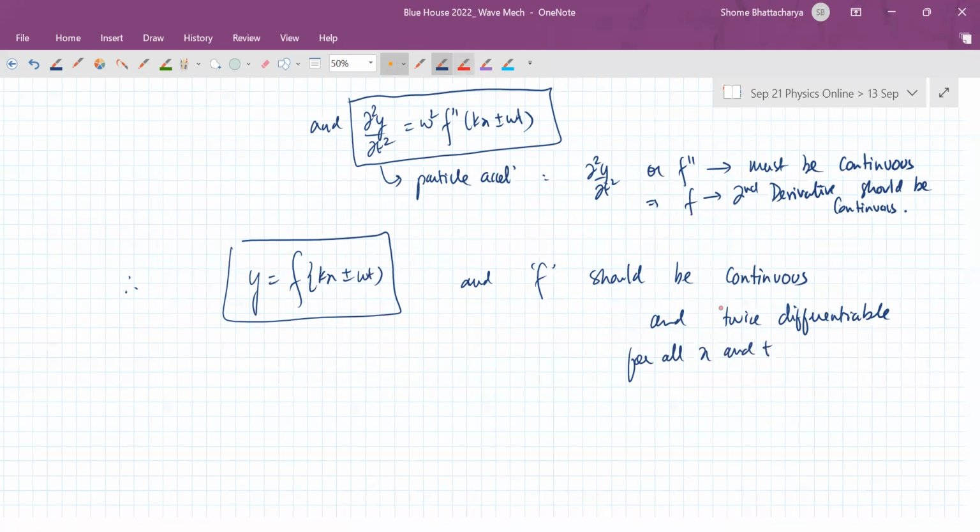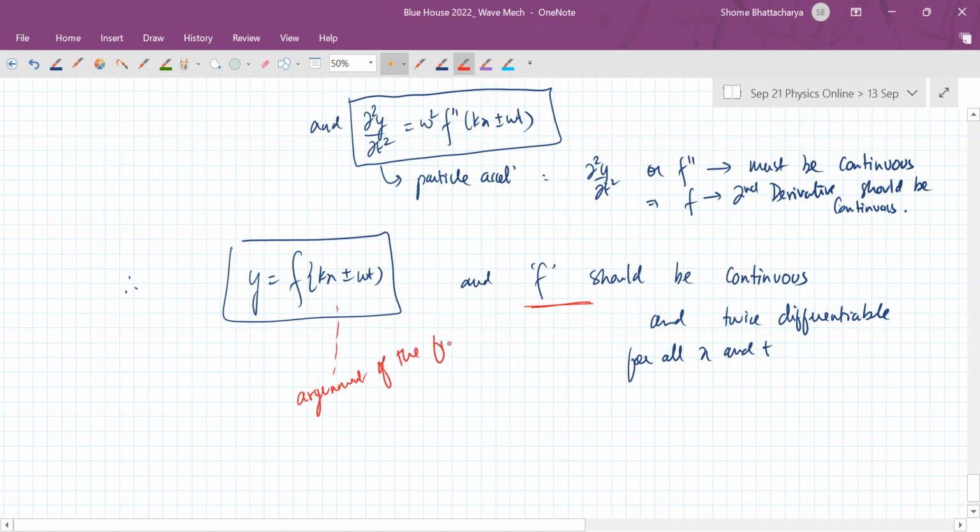So there's an added condition that not only the argument of the function should be of the type kx plus or minus omega t, so it should be linear in x and t.